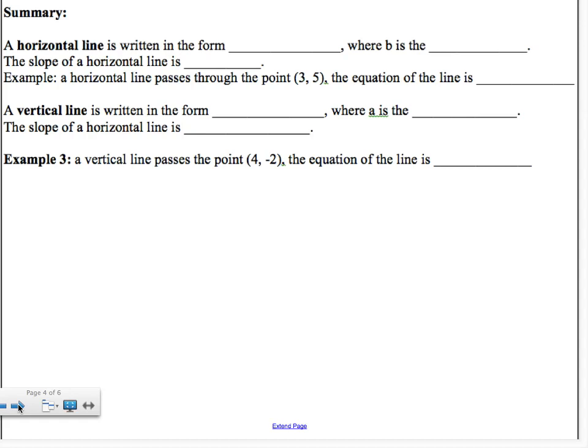So this one, hopefully you have enough information to fill in the blanks yourself. The slope of a horizontal line is 0. The slope of a vertical line is undefined.